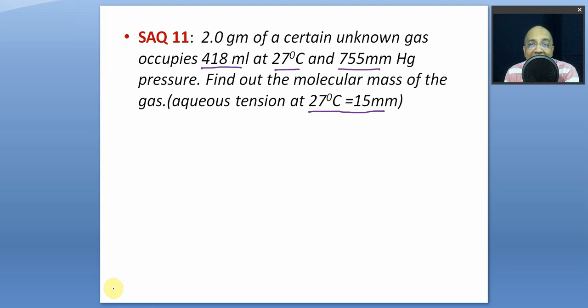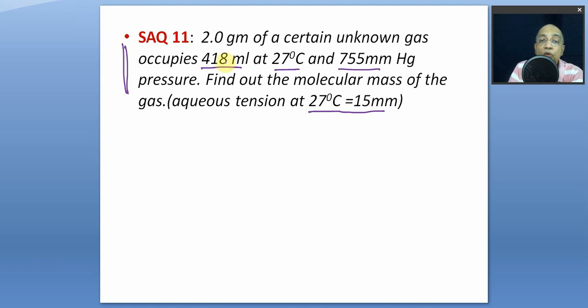So let us do it by the VD method. You can do it by the ZMV method, but it is not written that it is a found unknown gas, so it is better to do it by the GMV method.